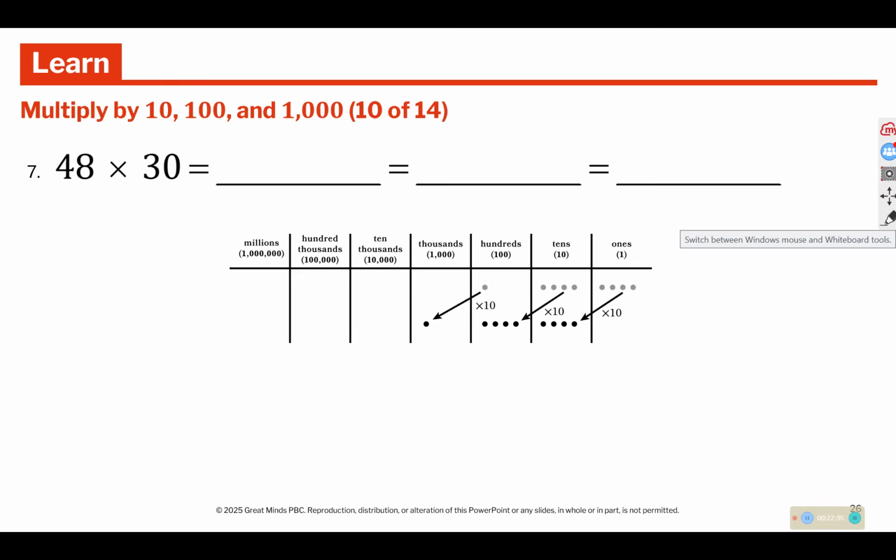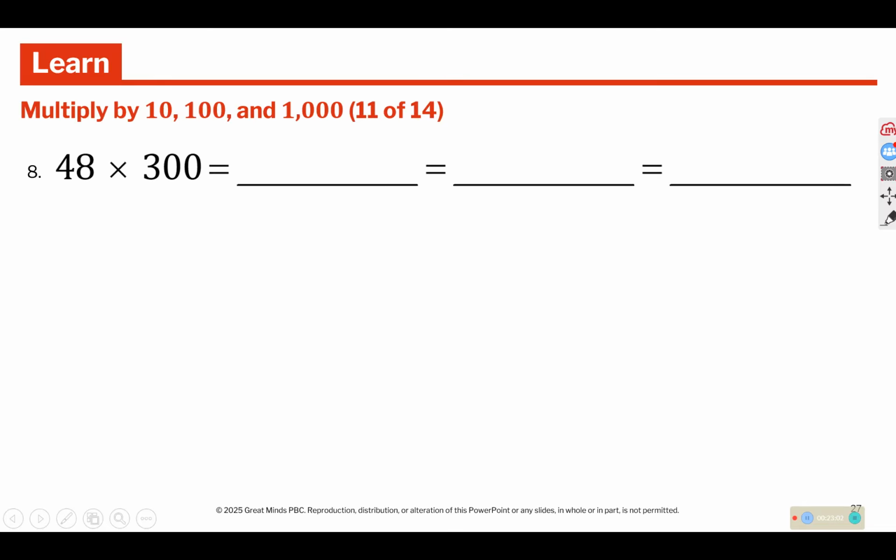Here we go. You can see 144. Each piece gets shifted 1 spot when we're multiplying by 10. So that is now 1,440.